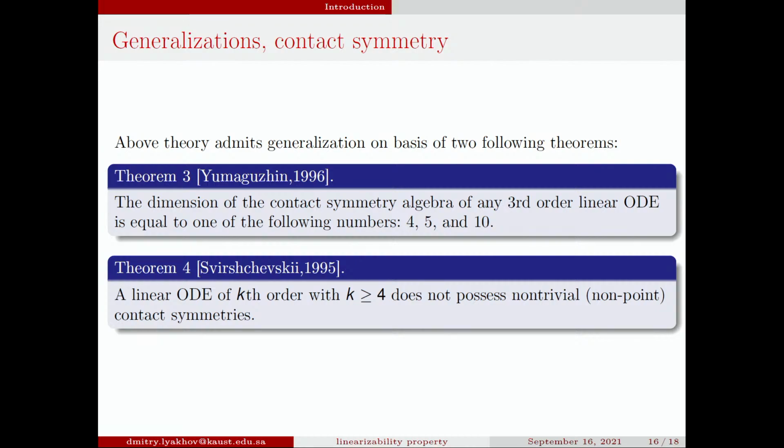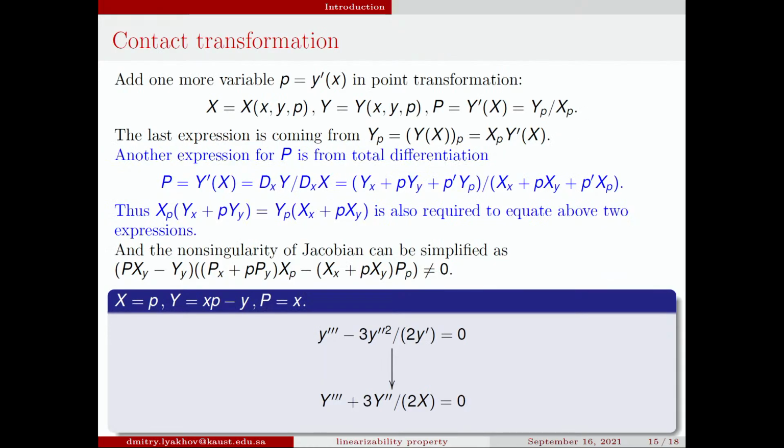And when the order is greater than 3, theorem 4 tells us there are no non-trivial contact symmetries, which means all these transformations are still point transformations. From the previous slide, we know that the partial derivative of capital X with respect to P is 0, so it's simply a point transformation.